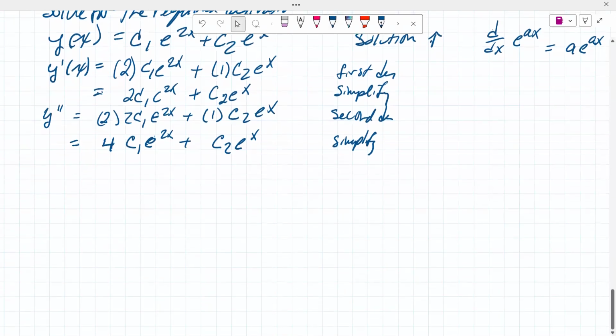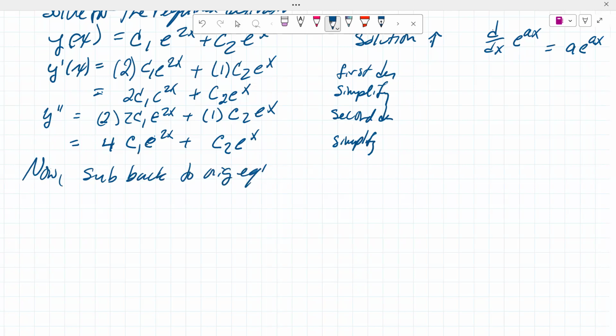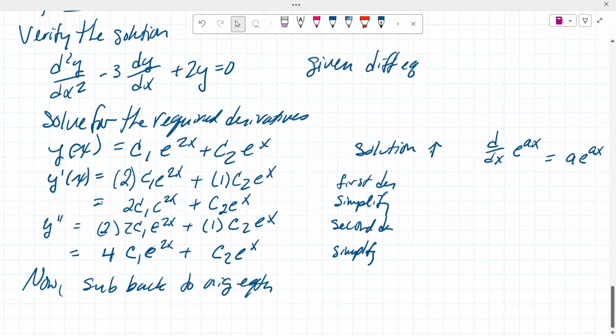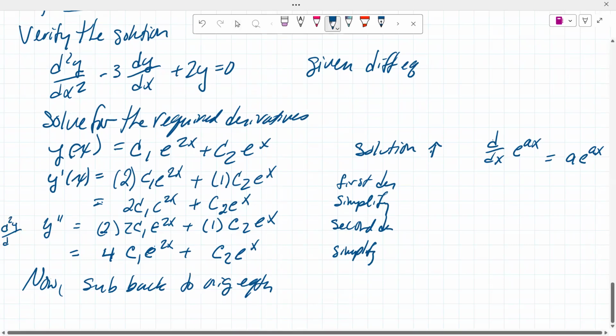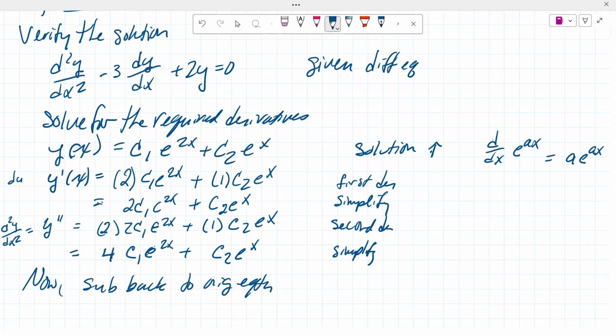Now, substitute the derivatives back into the original equation. Where's the original equation? It's right there. Okay, now we've mixed the notations again. So d squared y over dx squared is the same as y double prime, and dy over dx is the same as y prime.